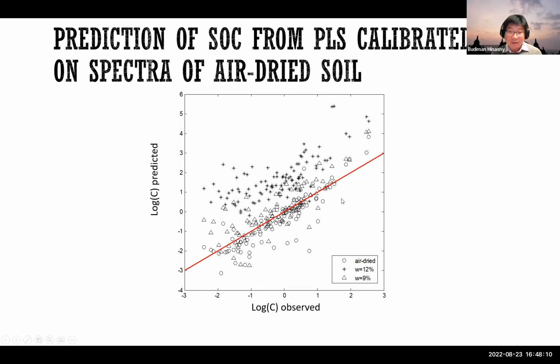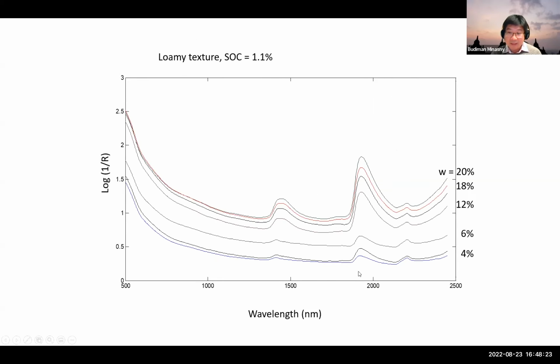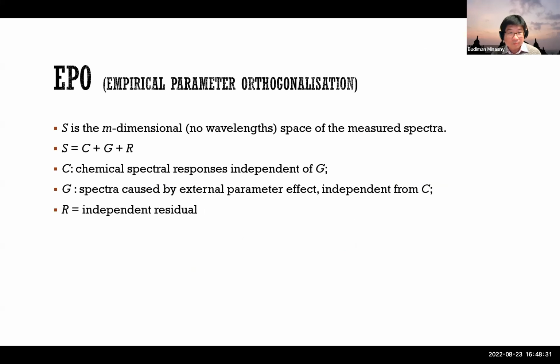On the air-dried soil, you get a good prediction, but as you increase the moisture content, the model suddenly doesn't work, because it is affected by the fact that the variation of moisture affects what the model sees in the organic carbon prediction.